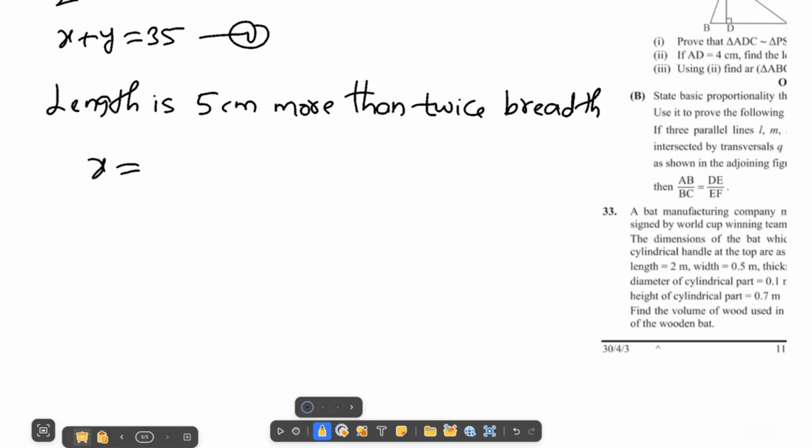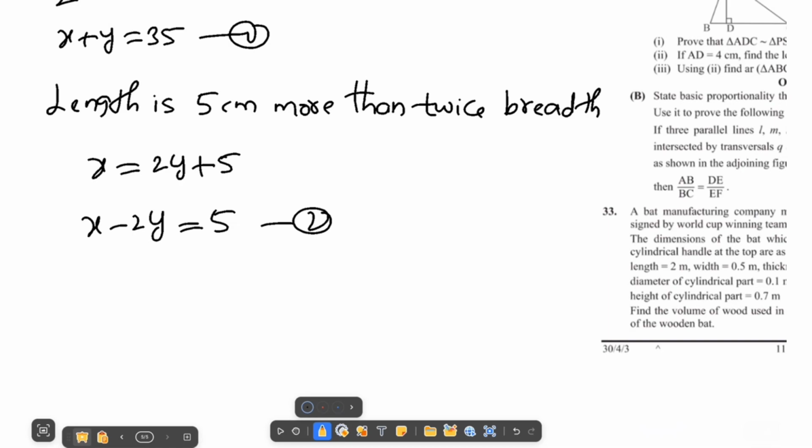It is twice the breadth, meaning 2y, plus 5, 5 more than that. Now if you bring 2y to the left side, it becomes x minus 2y is equal to 5. So let this be equation 2.